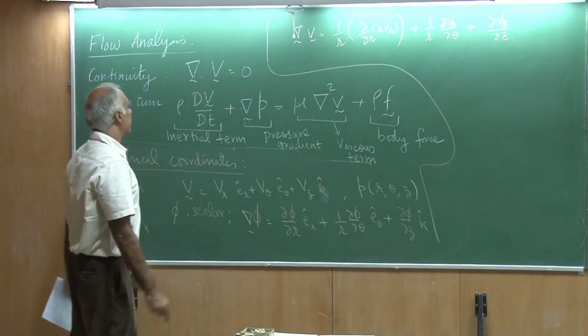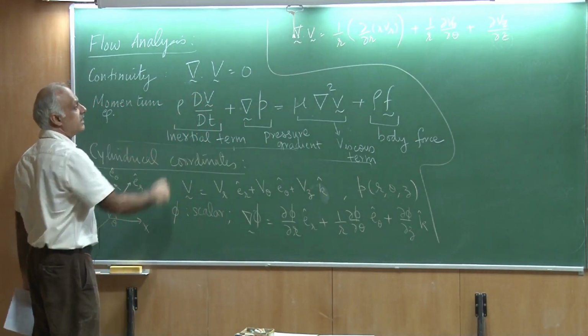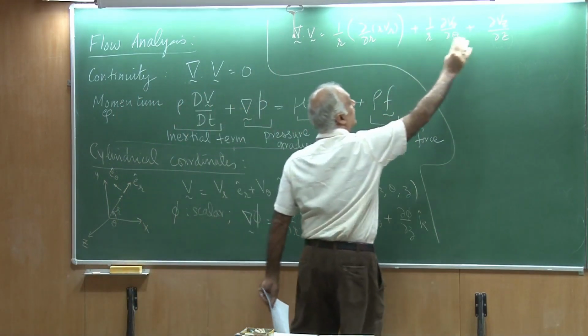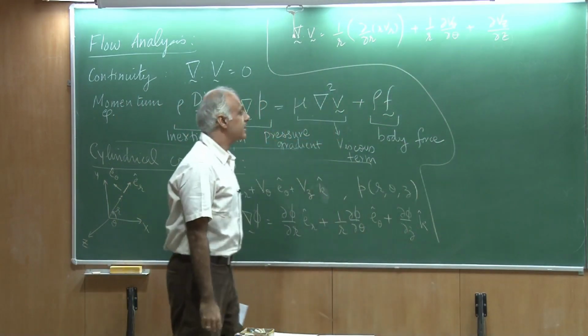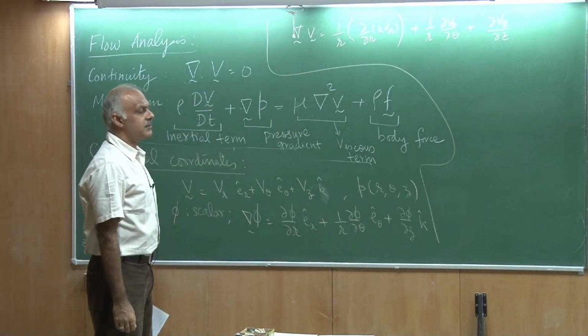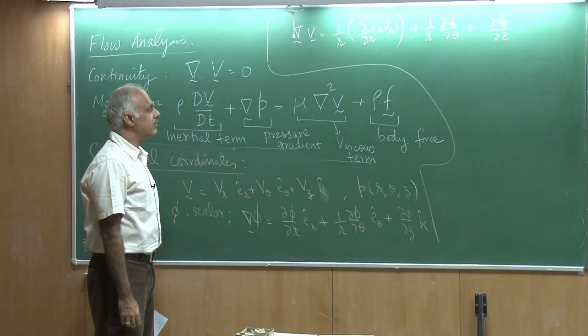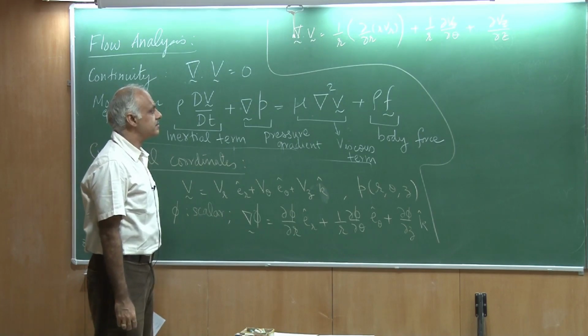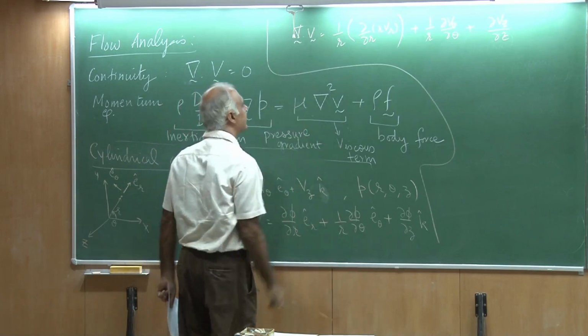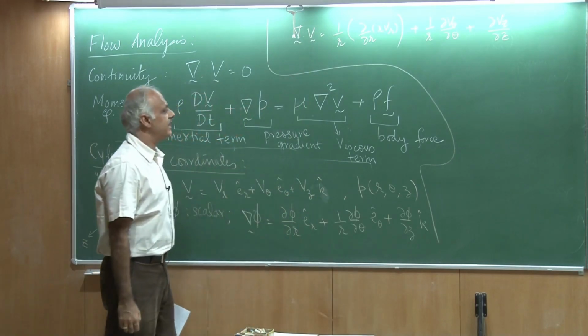Okay. So therefore, if you had to write the continuity equation, actually divergence of v equal to 0 would simply imply that the sum of these 3 quantities is 0, and you can see that there are some additional terms that come in because of your curvilinear coordinates. So I am not going to write the continuity equation, because you can just put divergence of v equal to 0 and that is the equation.